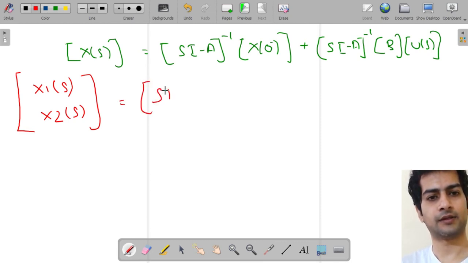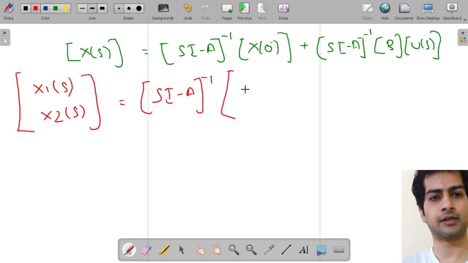This will be the same, and the initial conditions are this.